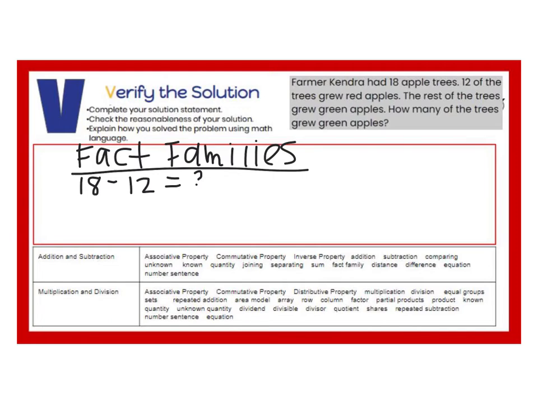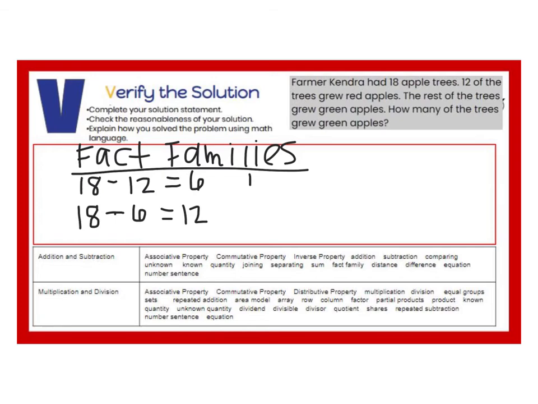And so we know that now it's 6, so I guess I should write 6. Okay, so now we're going to write the rest of our fact family.